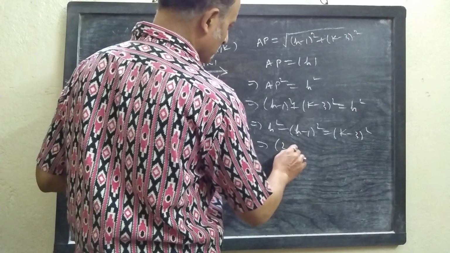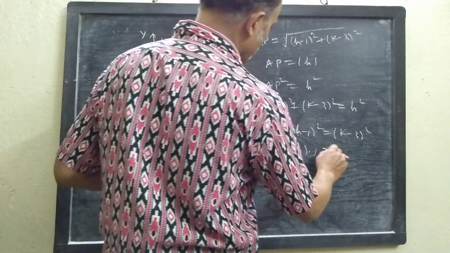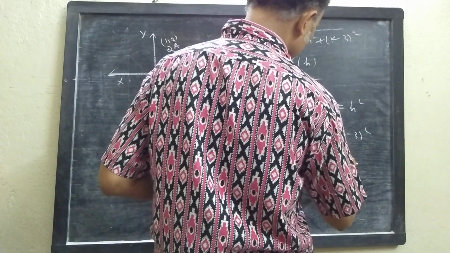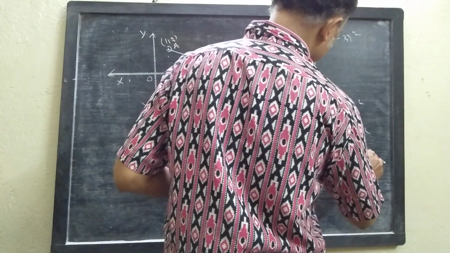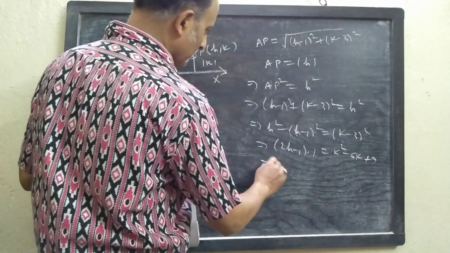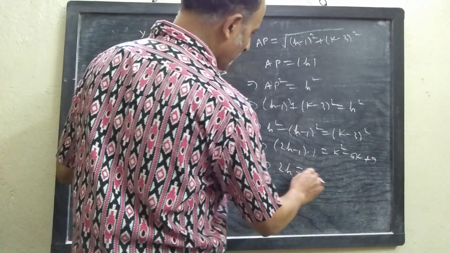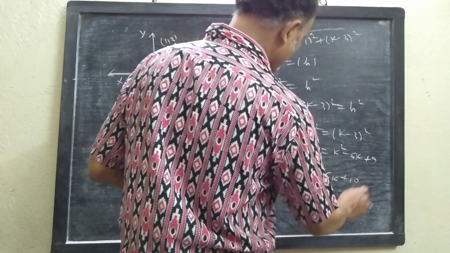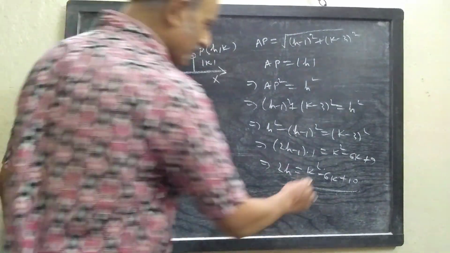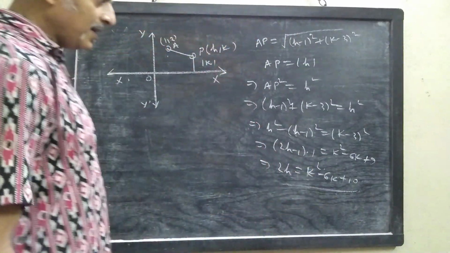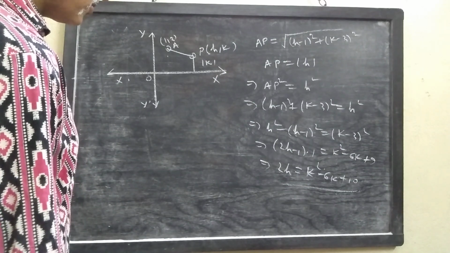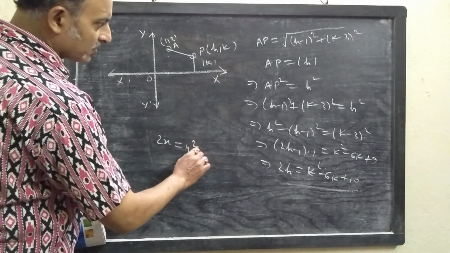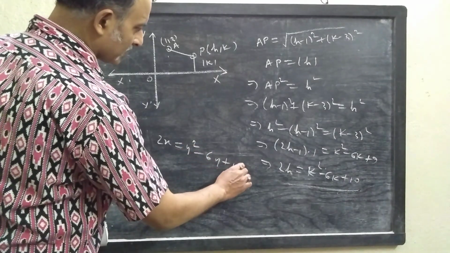That implies 2h minus 1 into 1 equals to... So ultimately we get the relation between h and k. So hence the equation to the locus of P(h, k) is as follows.